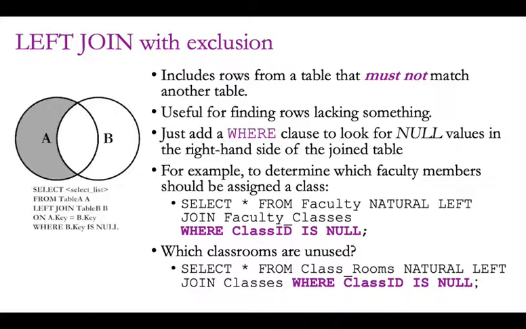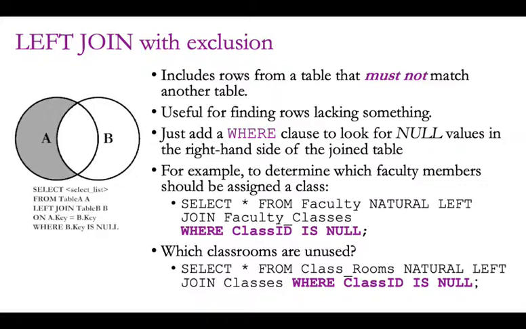Which is kind of weird, but for example, if I wanted to print out all the faculty members that are not teaching classes at all, one way to do that is to do the same query from before, select star from faculty natural left join faculty classes, but then filter based on a value coming from the second table, which is class ID, requiring that to be null.